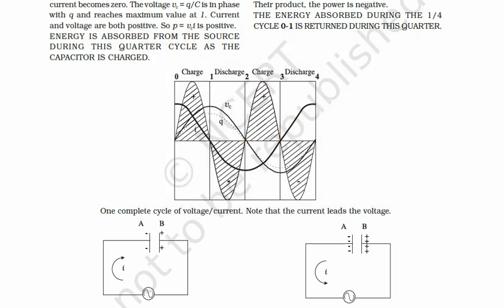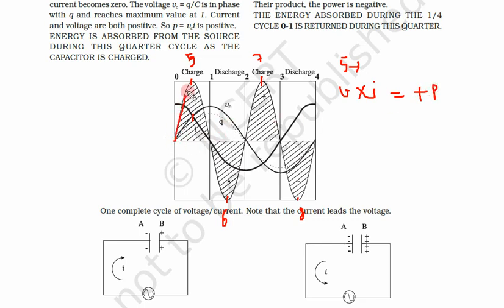Now let us understand what is happening at points in between. Let me mark them as point 5, 6, 7 and 8. At point 5, there is some positive value of voltage and some positive value of current, that means there is some power. V is positive, I is positive, so we get positive power.